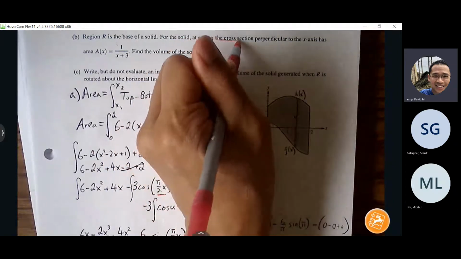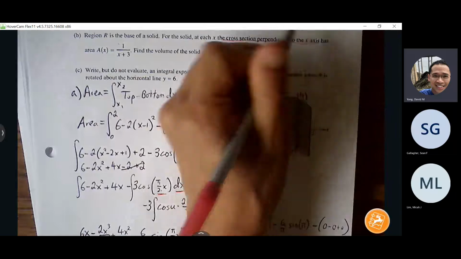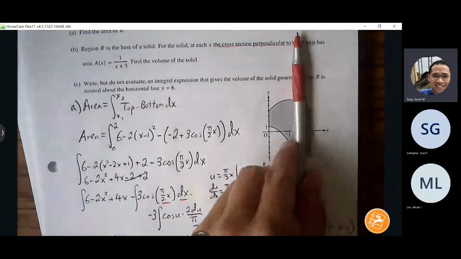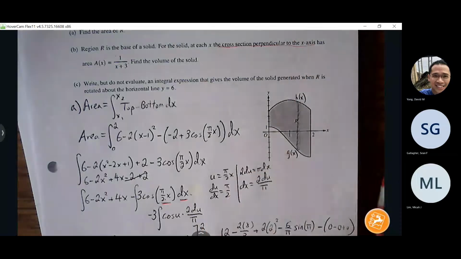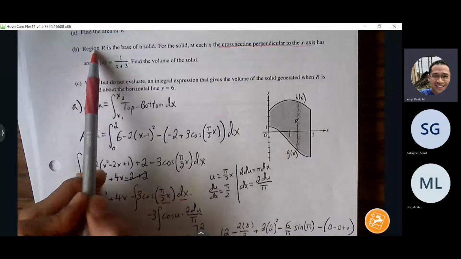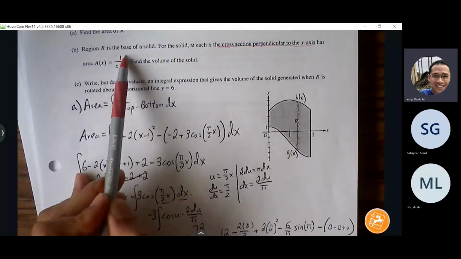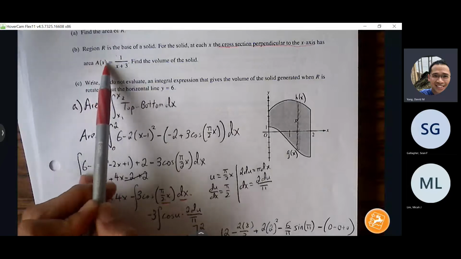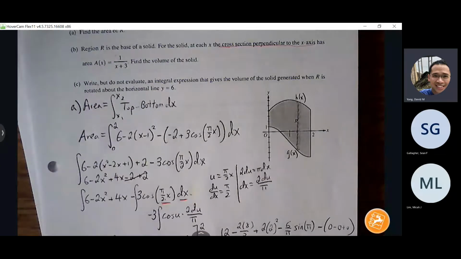Is our base going to be drawn vertically or horizontally? So this will tell us x-axis is horizontal, cross section perpendicular, that's going to force it vertical. And we don't have to worry about what that area formula is. We don't have to worry about, oh, is it a square or a rectangle or semicircle? It's already built in for us to use.